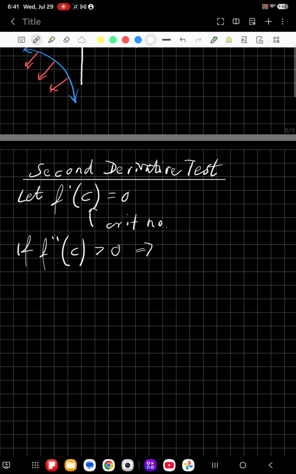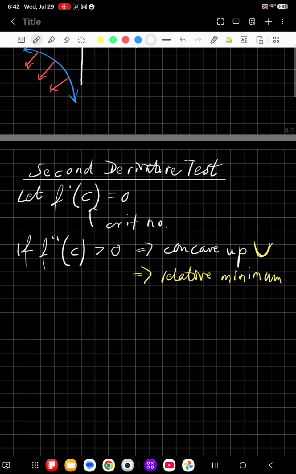Then concave up, let's make it yellow, concave up, and obviously we have a minimum. So the conclusion: relative minimum. Okay, so that was the first part.